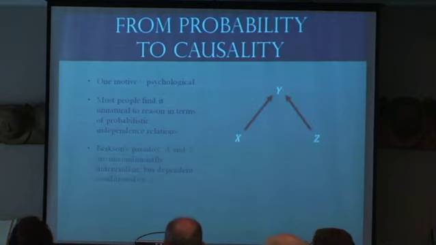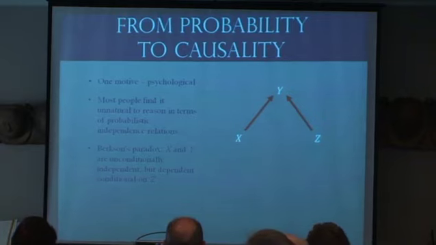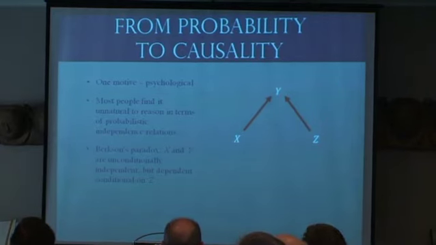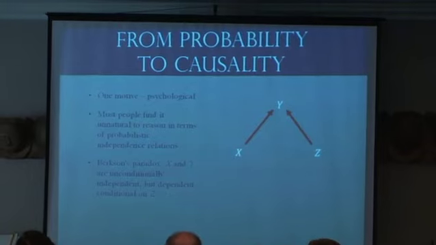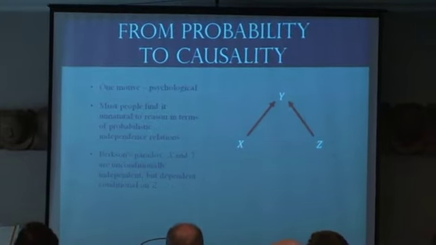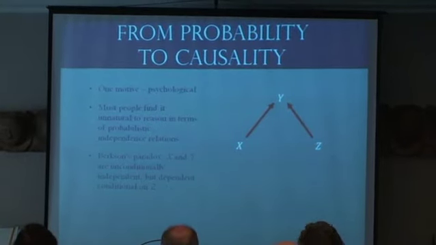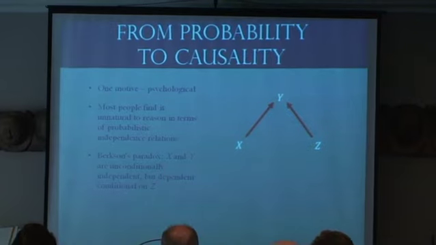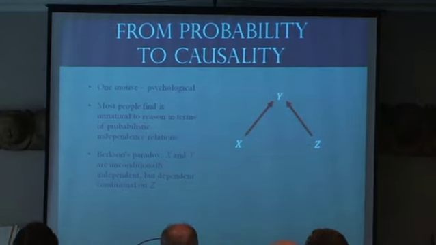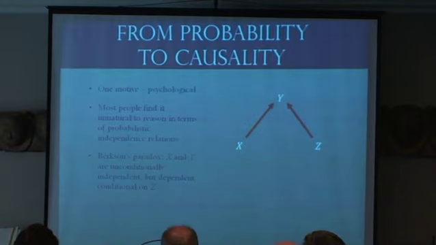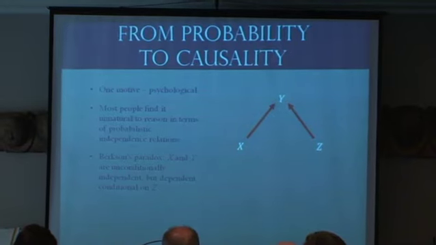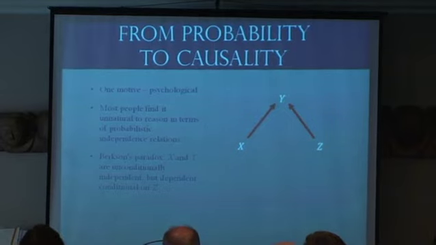One simple illustration of this that Judea uses is known as Berkson's paradox. For those of you that are familiar with the Monty Hall paradox, it rests on exactly this point. If you've got a structure like this where x and z are both causing y, what happens is that x and z are unconditionally independent, but are dependent conditional on y.